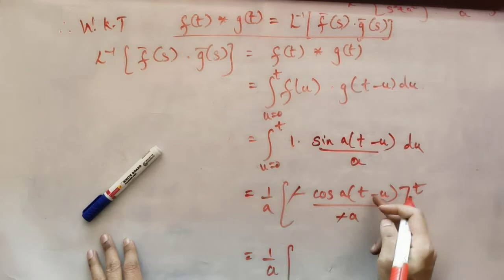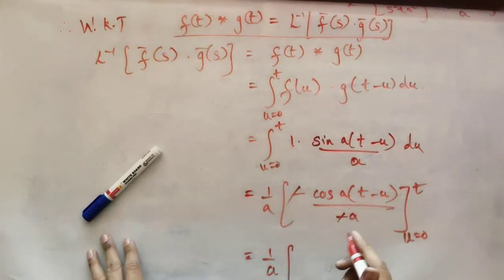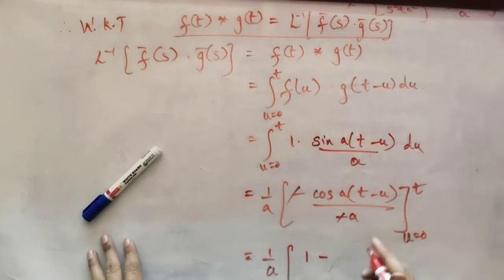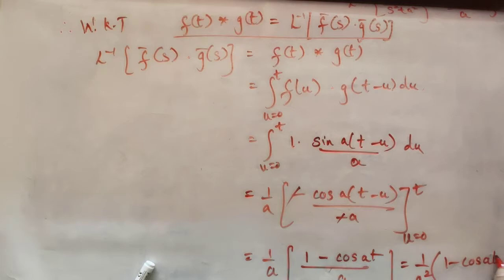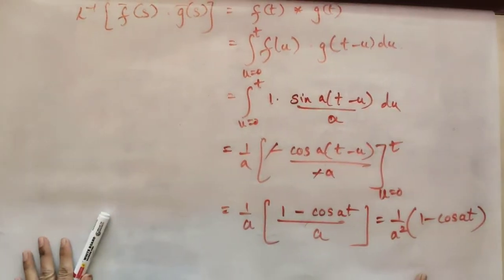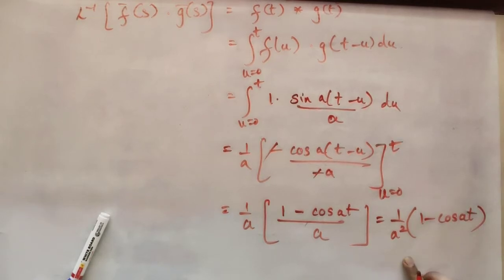When you put u as t, t minus t is 0. Cos 0 is 1, minus the lower limit. When you put u is equal to 0, you will get cos at divided by a. Okay. Or it is 1 by a square times 1 minus cos at. 1 minus cos at. This is the required inverse Laplace transform of that combination.